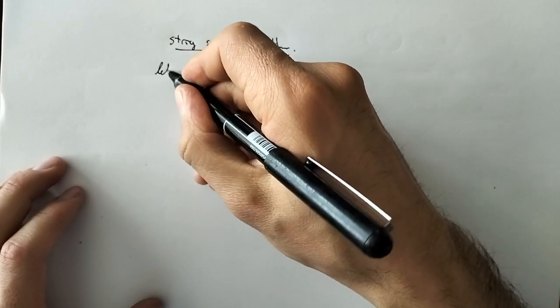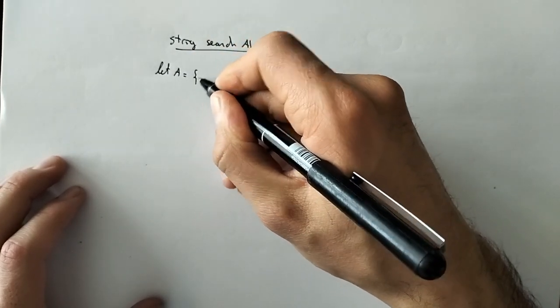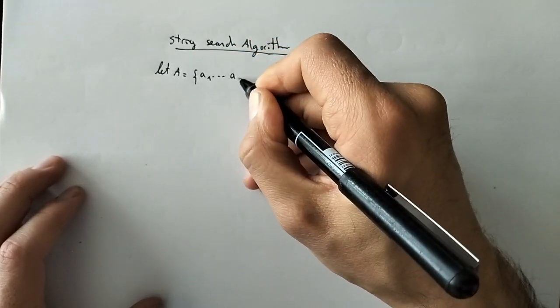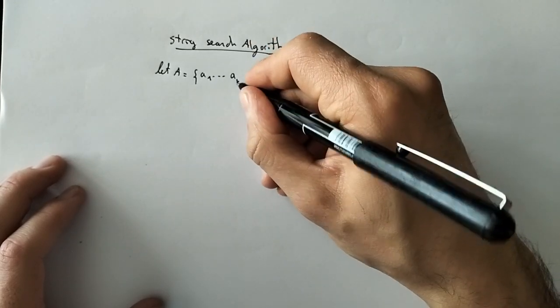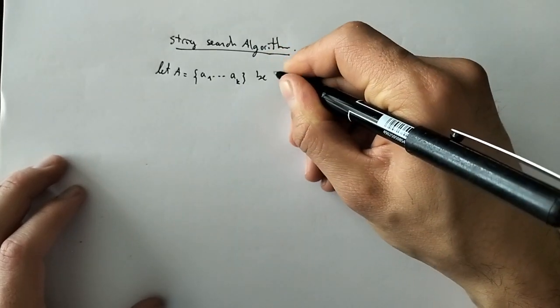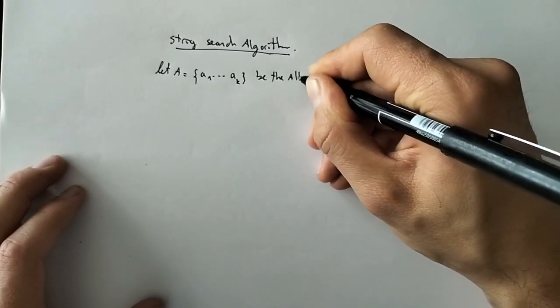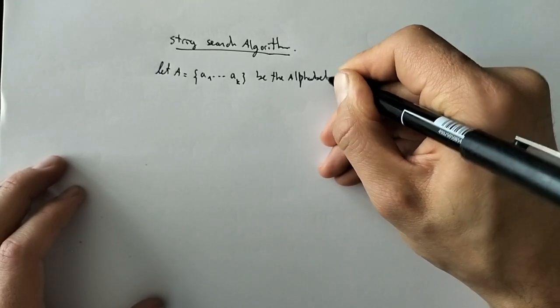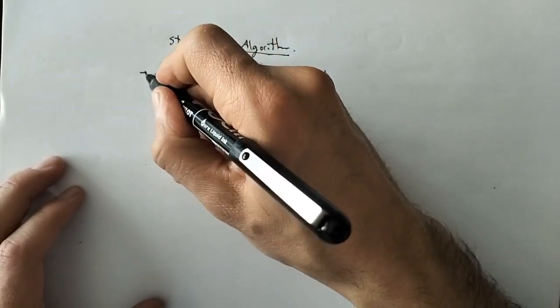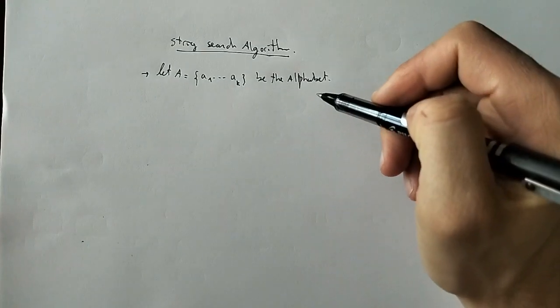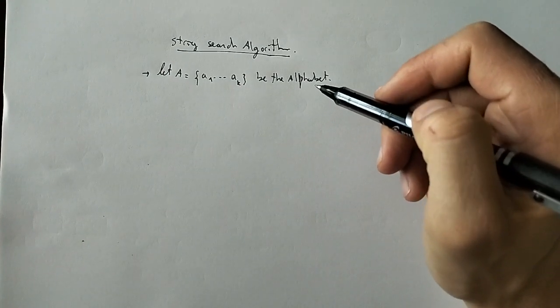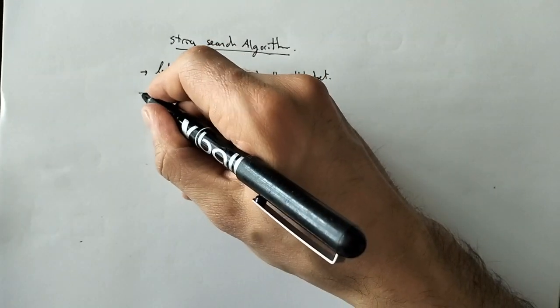So let A be the alphabet. We have seen through the definition of a string that a very important element is the alphabet here. So here we define the alphabet.